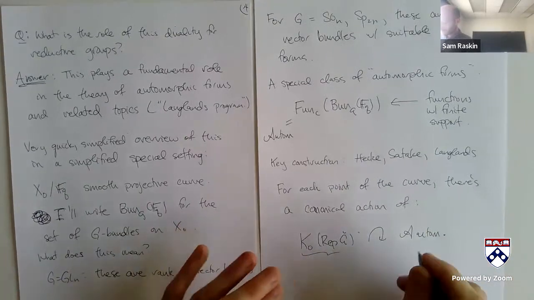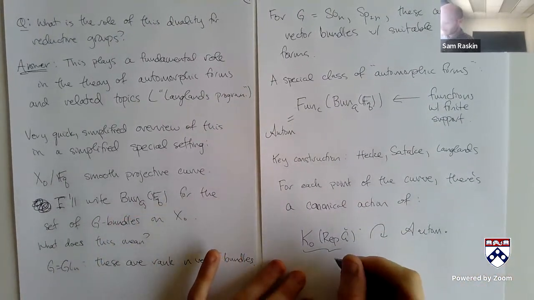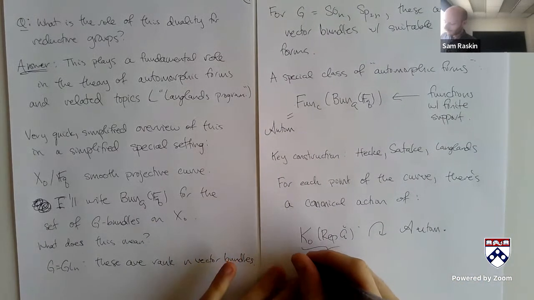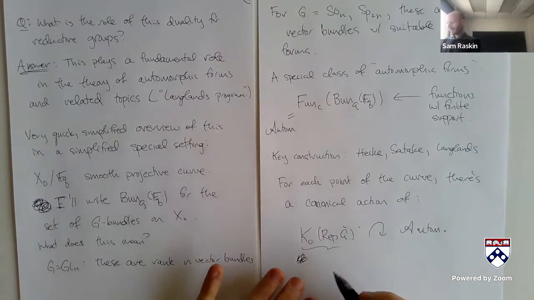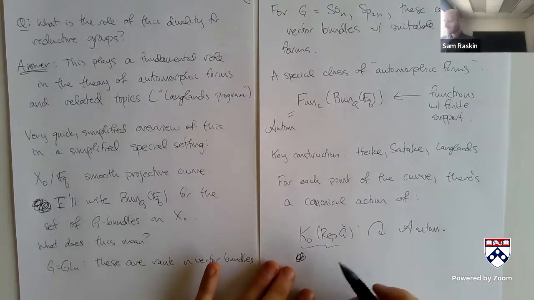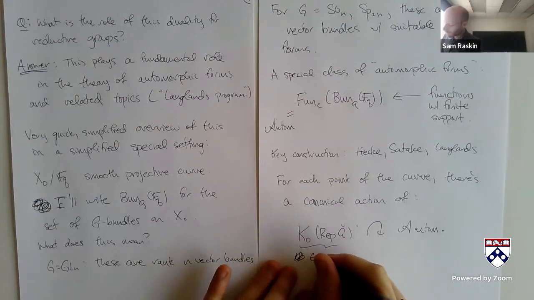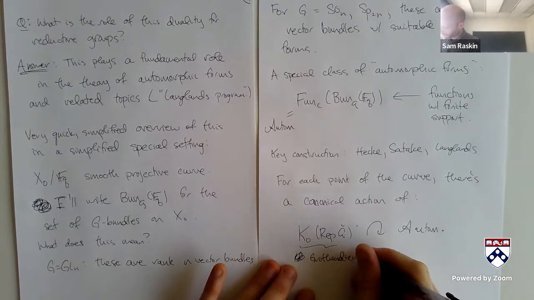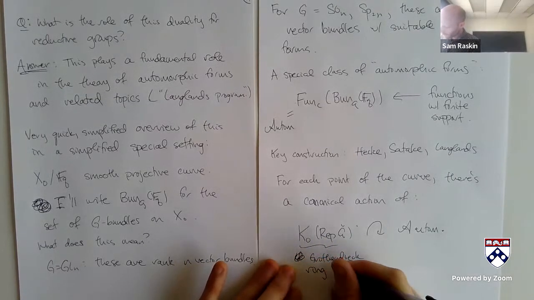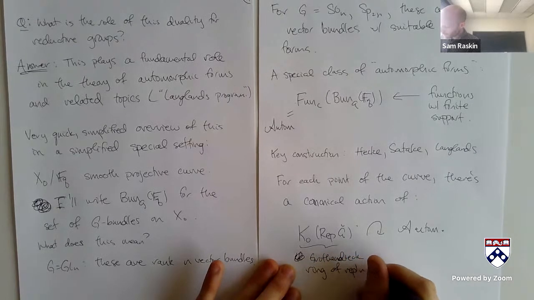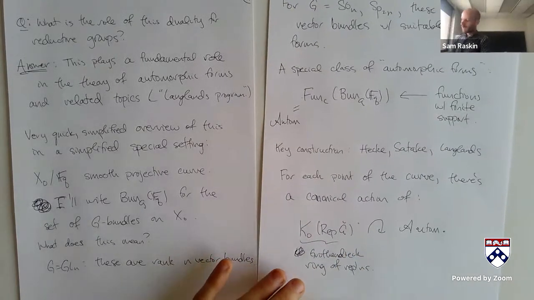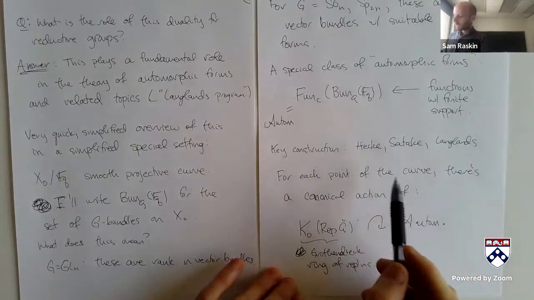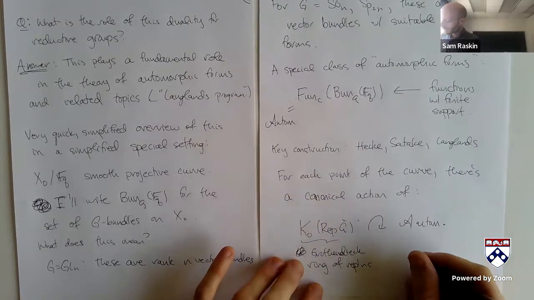This is the Grothendieck group of representations, thought of as a Grothendieck ring of representations. So there's a story here that's happening purely near the point, and maybe I'll just write the word.